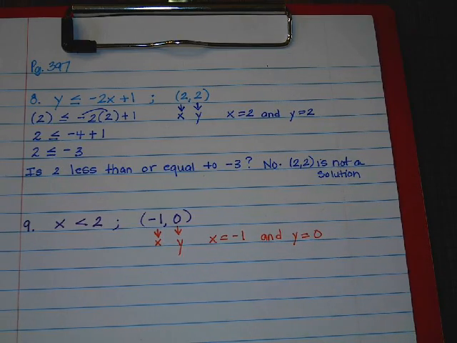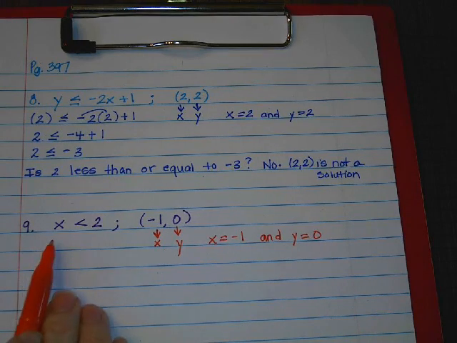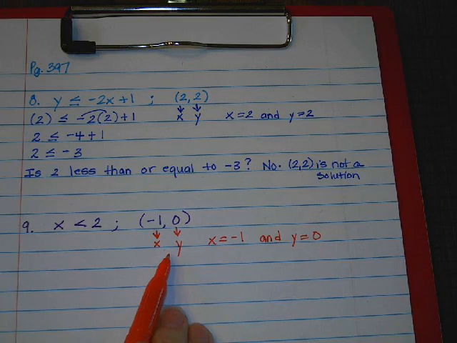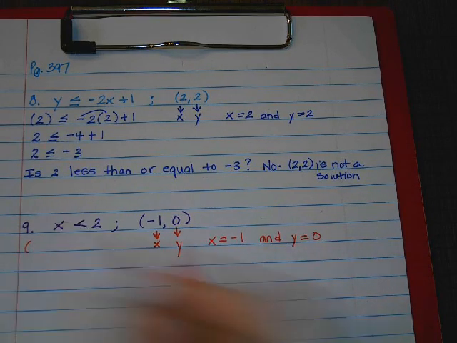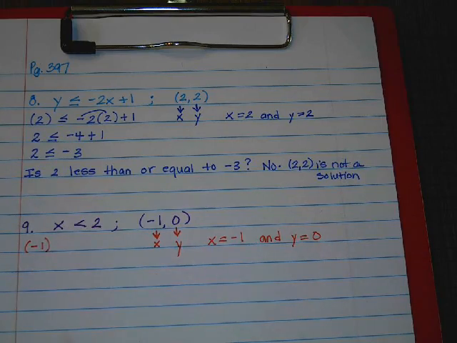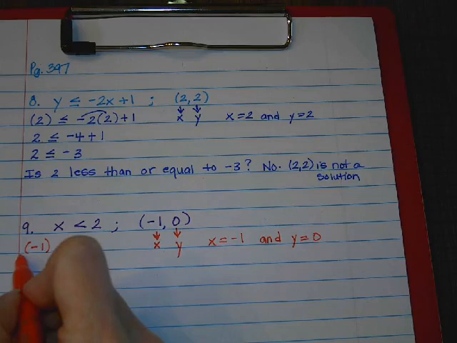When we go to substitute in, we notice we only have one variable, and that variable is x. That means we do not have to substitute the value for y. So we're going to substitute our value for x, which is negative 1, and then we say less than 2. There's no number in front of our negative 1 to multiply by, so it just stays negative 1.